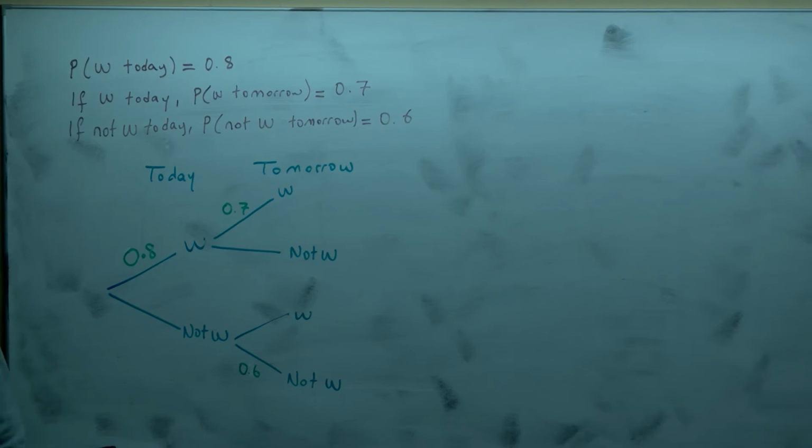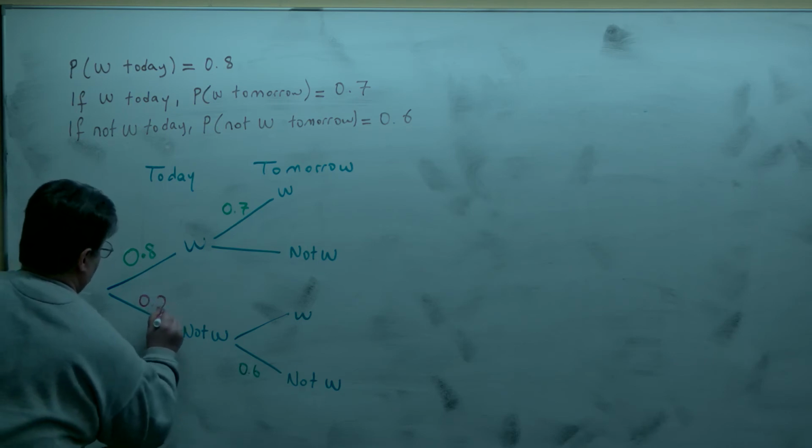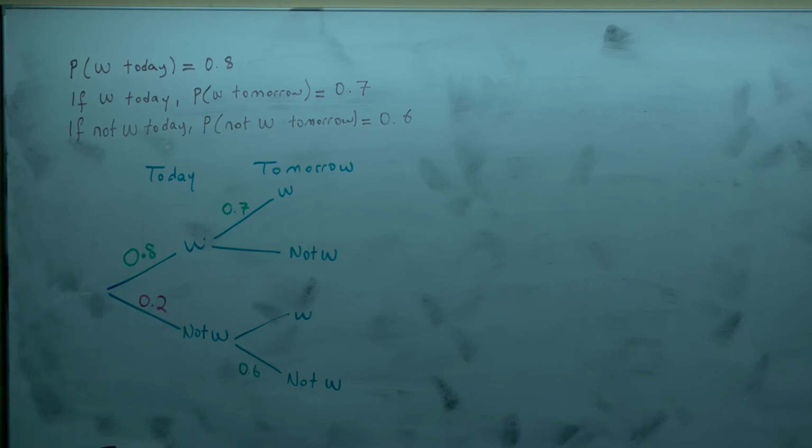Now let's complete the tree. Now, the branches that originate from the same point, probabilities have to add up to 1. There are 2 branches only. That's why this has to be 0.2. And it makes sense.